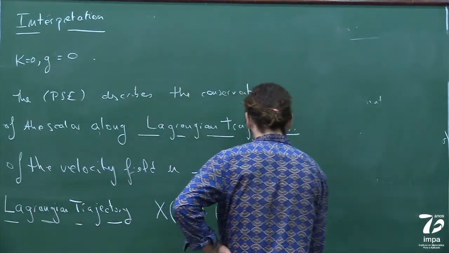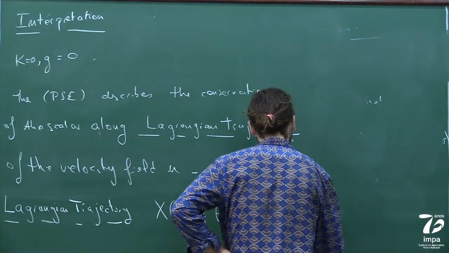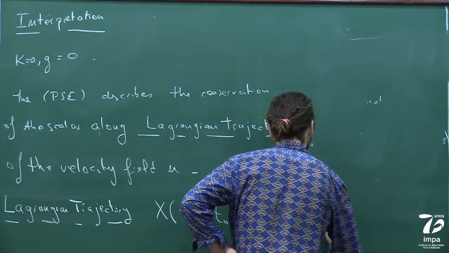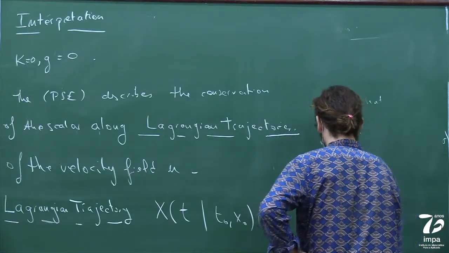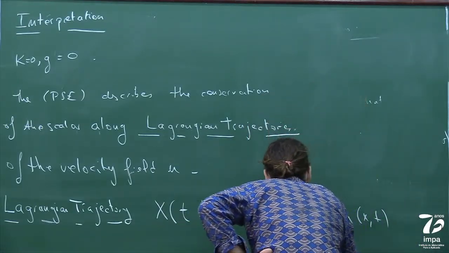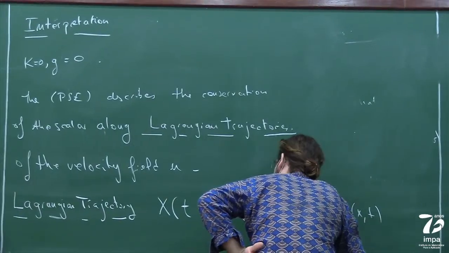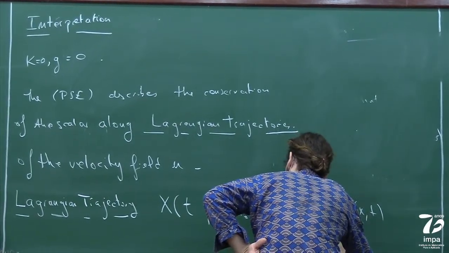And it satisfies the equation dx over dt equals u of x, t, with the initial condition x at t0 equal x0.